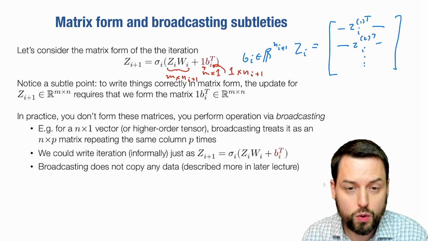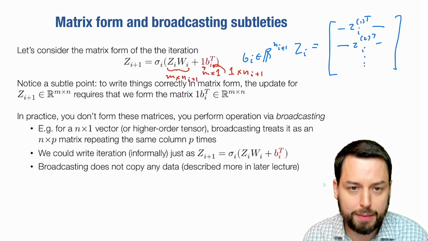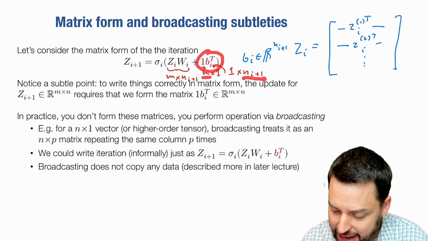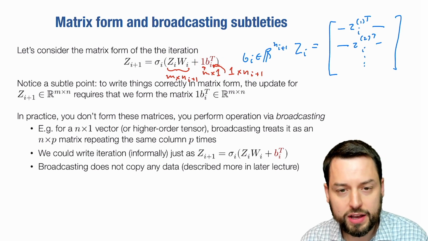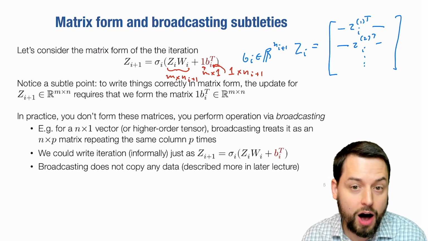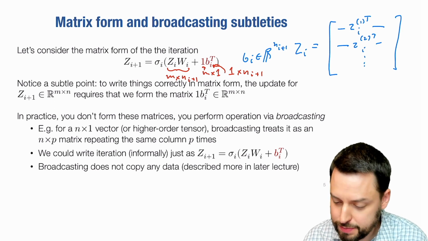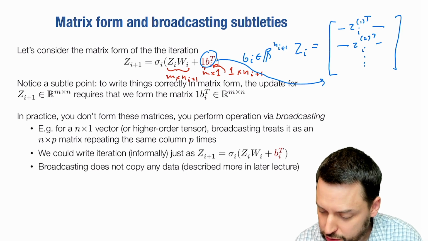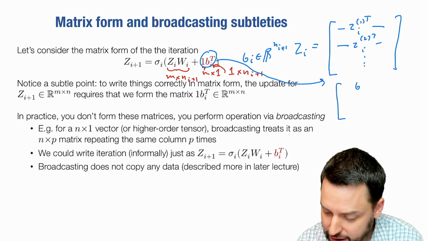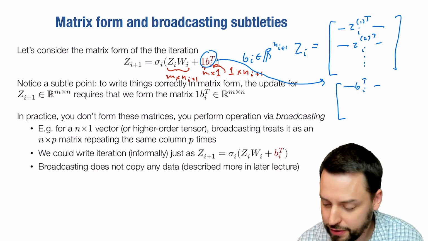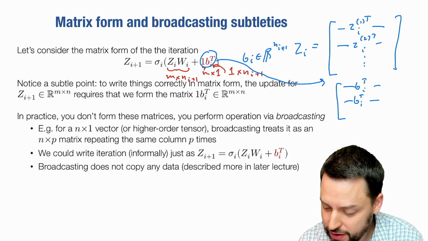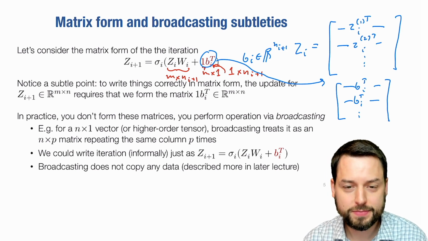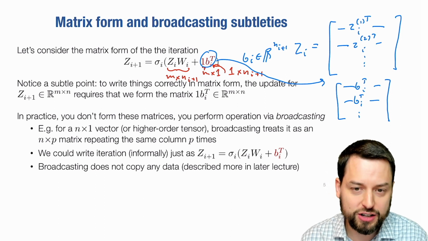Their product is then an m by n_(i+1) matrix, where each row just includes a copy of b_i. So this matrix has b_i transpose in the first row, and also in the second row, all the way down to m copies. That's the linear algebra way we form these things.